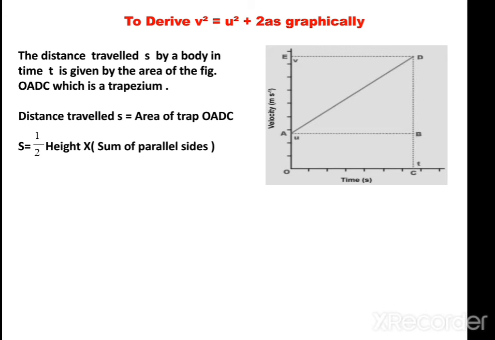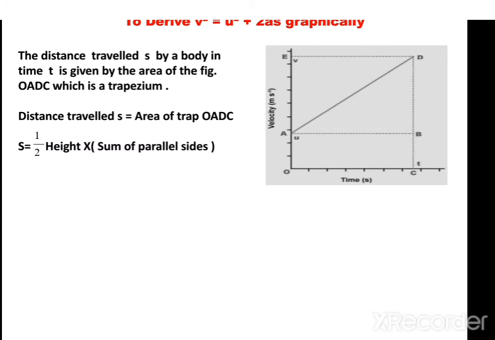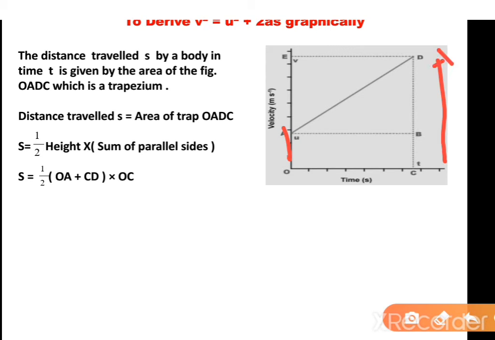We know that area of trapezium is given by the formula half into height into sum of parallel sides. Now S is equal to half into sum of parallel sides, OA and DC are the parallel sides, and OC is nothing but the time. That is nothing but the height.